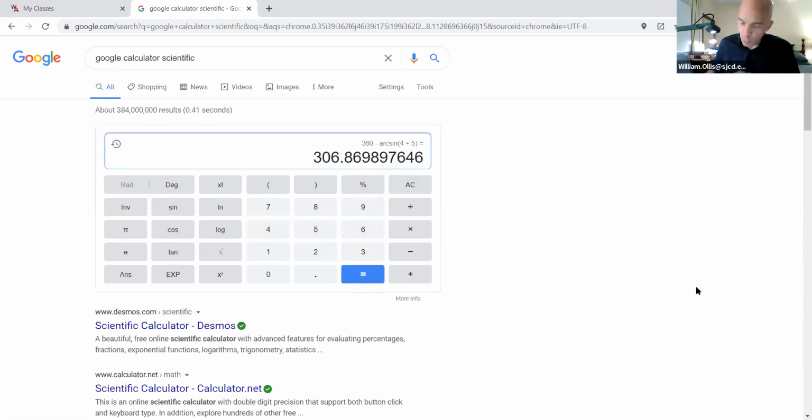And this gives us 306.8698, etc. So we're going to round again to 1 decimal. I'll just write this here. Round to 1 decimal. And so this will give us a solution of 306.9 degrees.